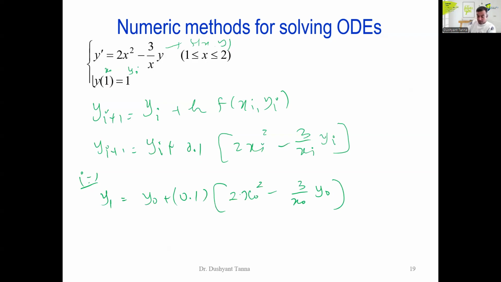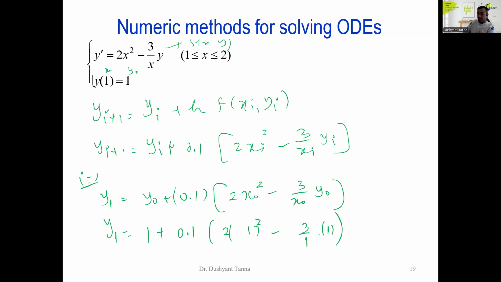You plug in those values, so your y1 will be y0, which is 1, plus 0.1 times 2 times 1 squared minus 3 over 1, and this is 1.